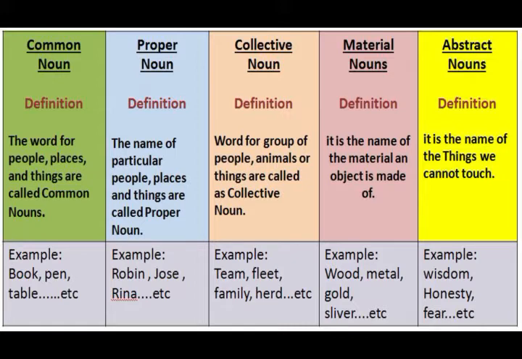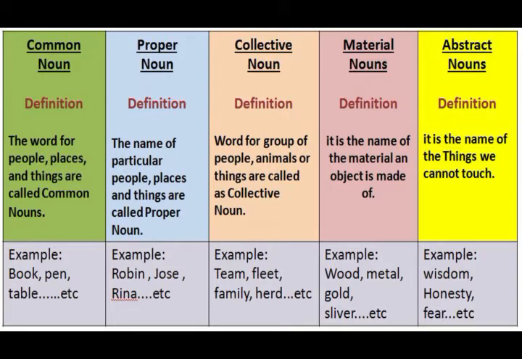For example, book, pen, table, etc. Proper noun, the name of particular people, places and things are called proper nouns. Example, Robin, Joe's, Rena, etc.